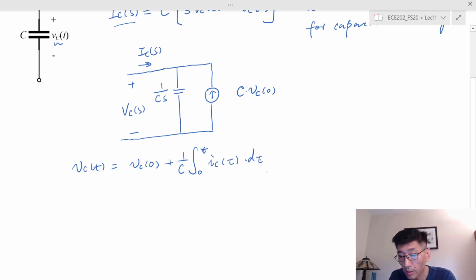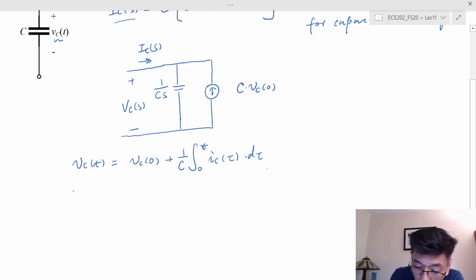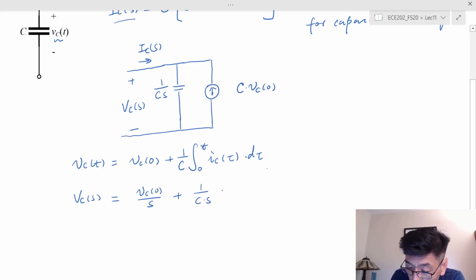So from 0 to t, this is the overall change of charge, divided by the capacitance, that's the voltage change. And in this case, we take the Laplace transform, we would have V sub C(s) equal to V sub C(0) over s, plus the integration property, that's 1 over Cs times I sub C(s), which is the Laplace transform of I sub C(t).